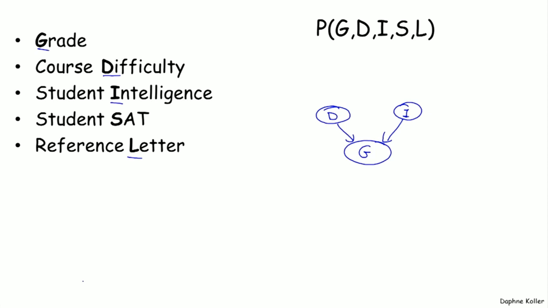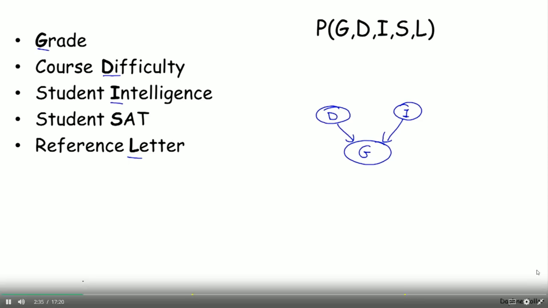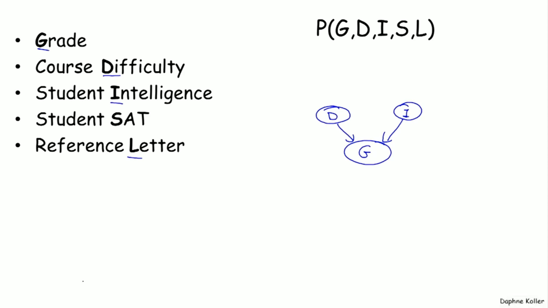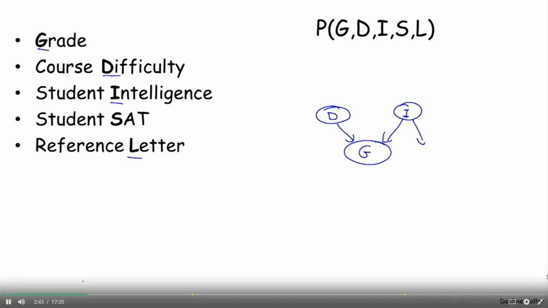Let's now take the other random variables and introduce them into the mix. The SAT score of the student doesn't seem to depend on the difficulty of the course or on the grade the student gets in the course. The only thing it's likely to depend on in the context of this model is the intelligence of the student.